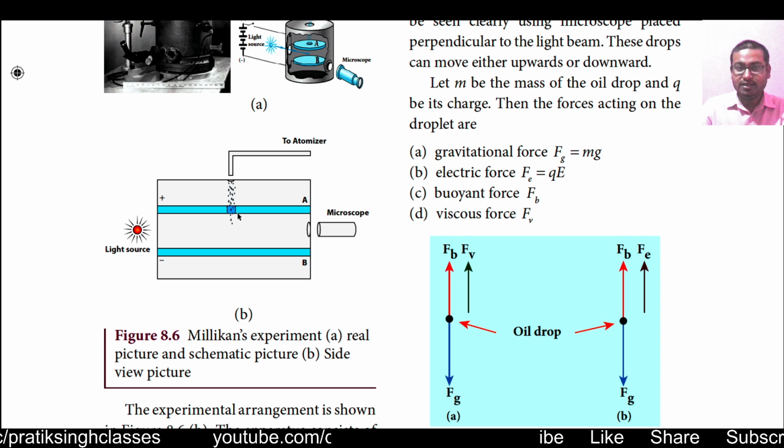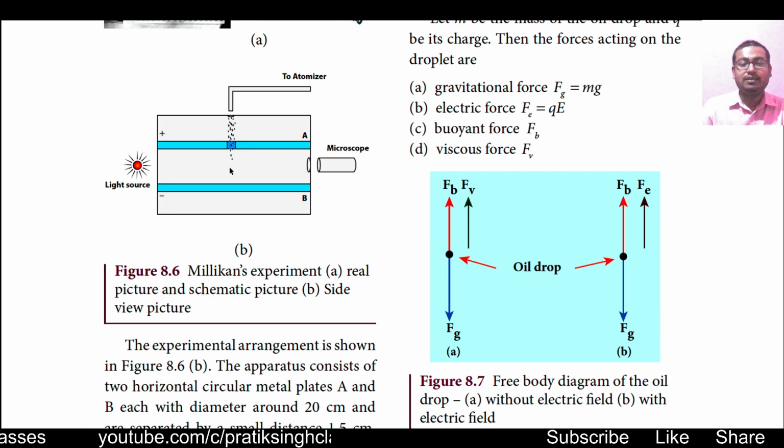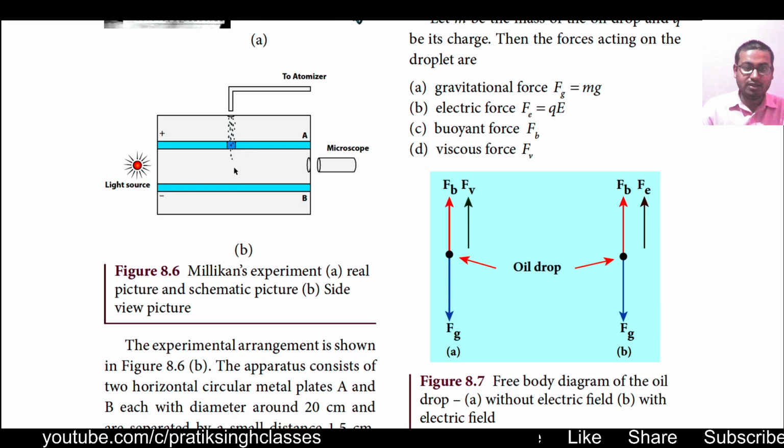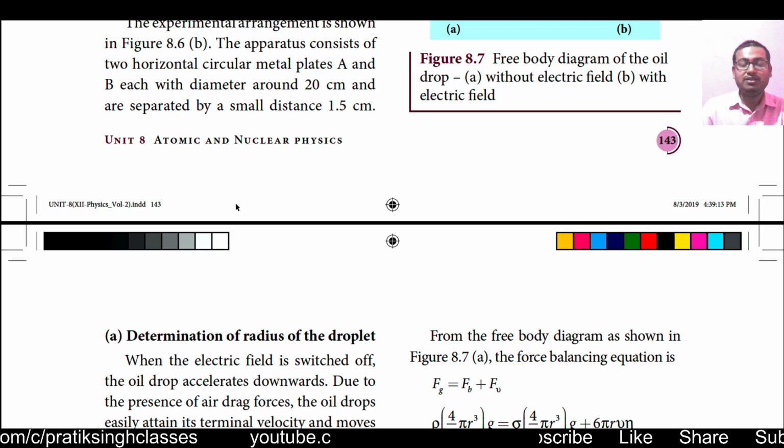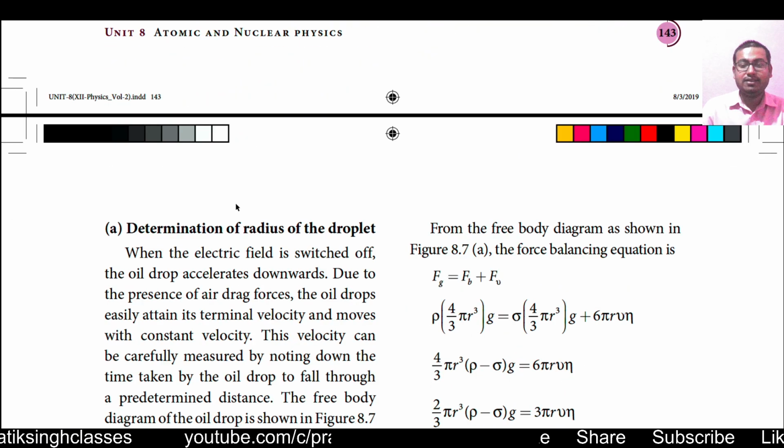Whether that particle will stay at one instant for a long time, or move vertically upward or downward with a constant velocity, that means the net force acting upward and downward is equal to 0.